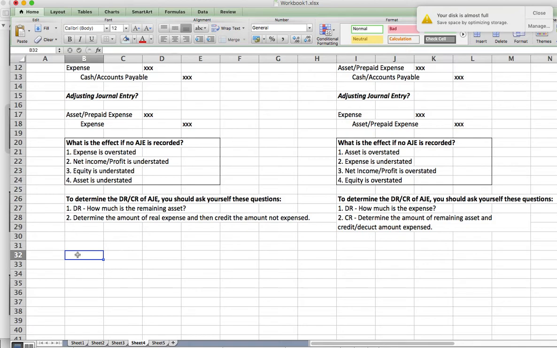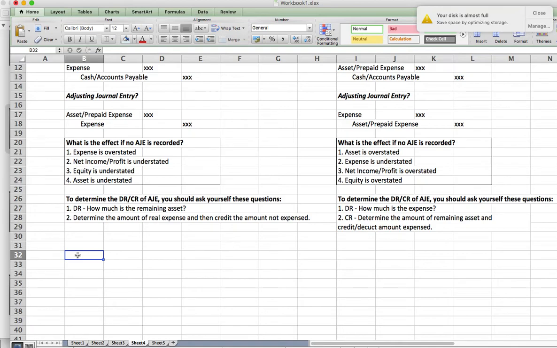July 2020 ba? August? August 2020. Okay. So, kung August 2020 nag-start ang school year ninyo, sabihin natin na you've paid in advance the rent for the dorm for 1 year.